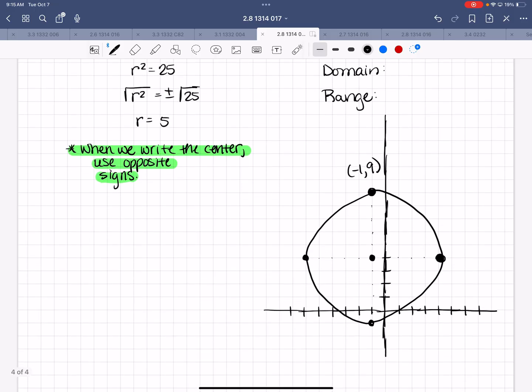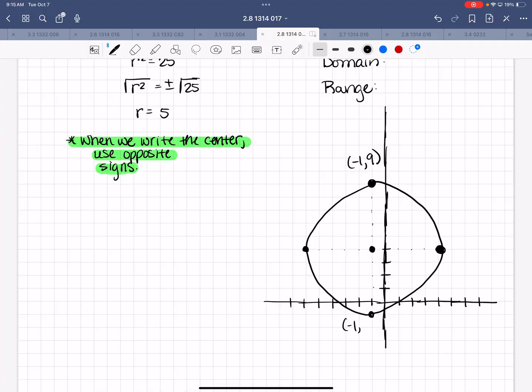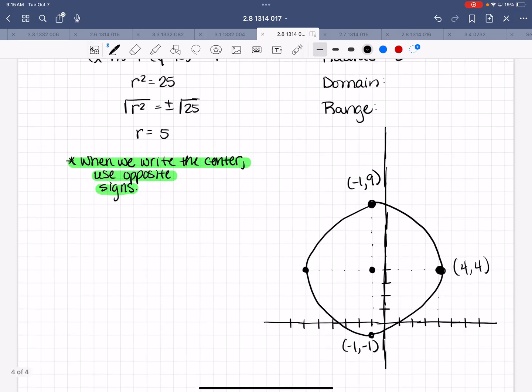The bottom one is (−1, −6). The left one is (−6, 4), and the right one is (4, 4).